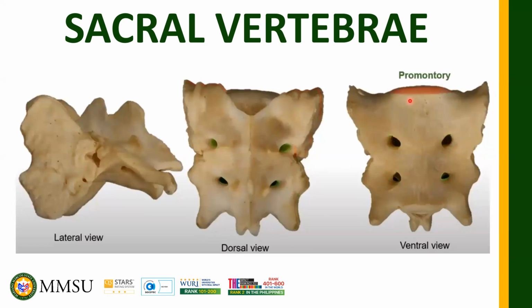And then meron din tayong tinatawag na promontory, which is the sacral promontory. So it's usually found on the ventral surface of the sacrum.